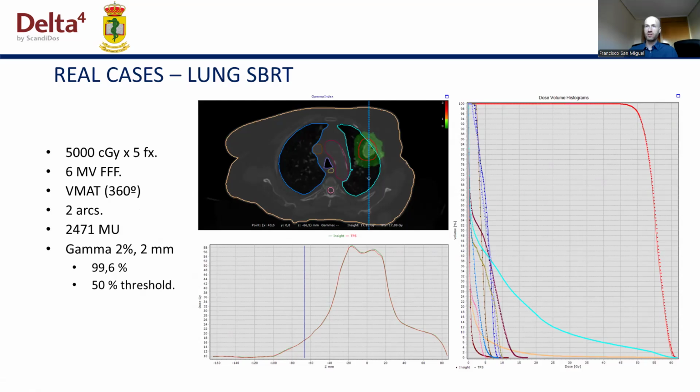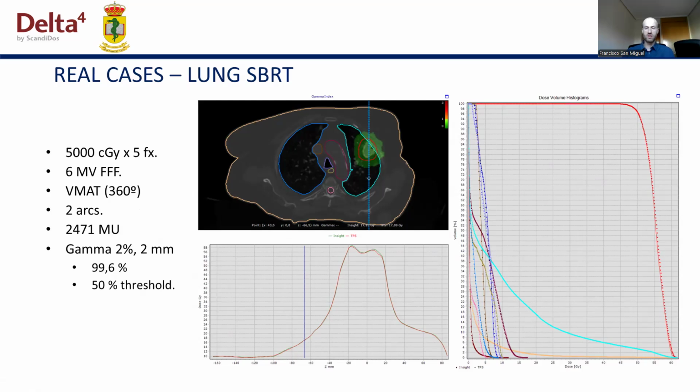Although this case is not particularly modulated, it is especially interesting because the treatment volume is located within the lung, which involves significant tissue air density changes throughout most of the calculated volume.